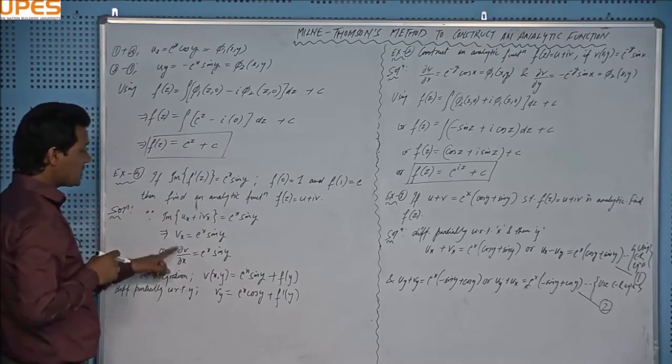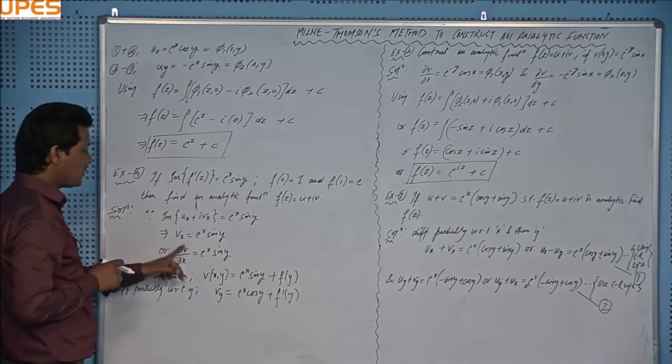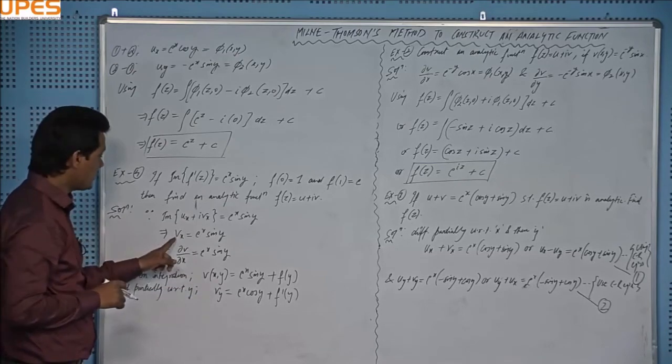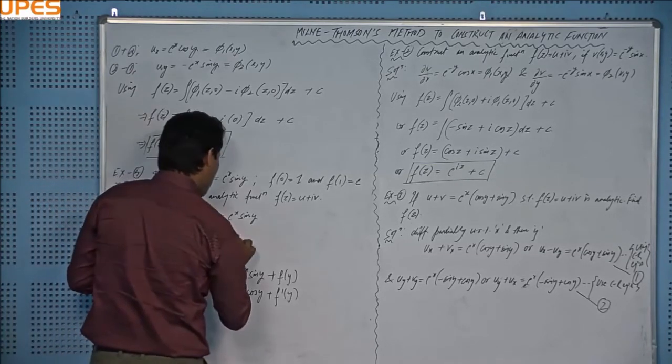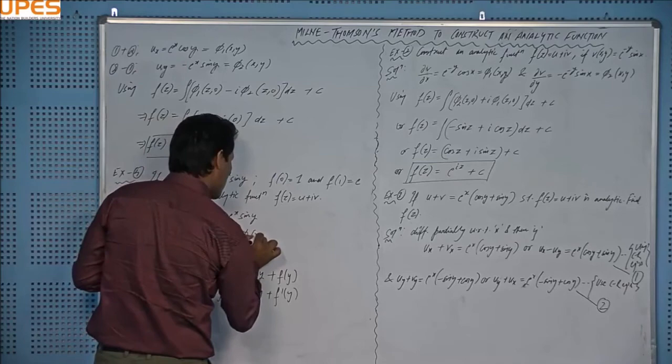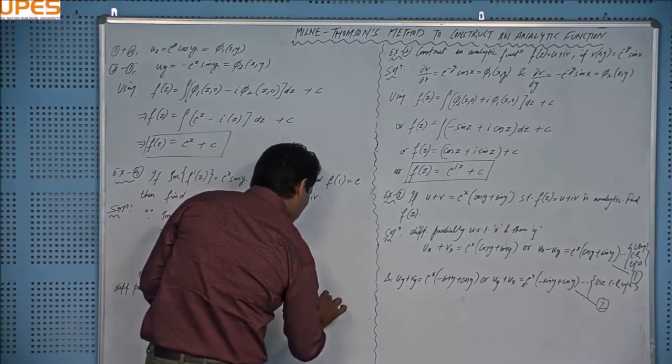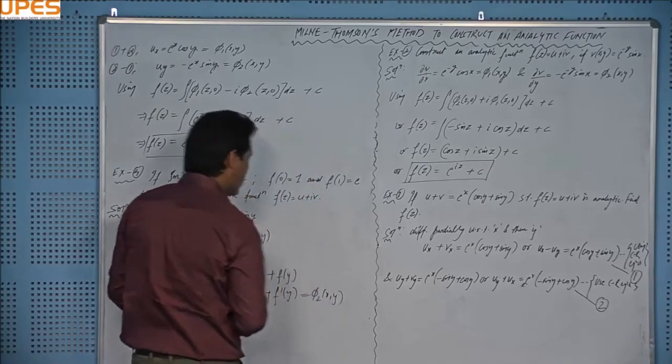Now I have v_x and I have v_y, and I'm almost at the door of case number b. I should write it as phi 1 (x, y) and phi 2 (x, y).